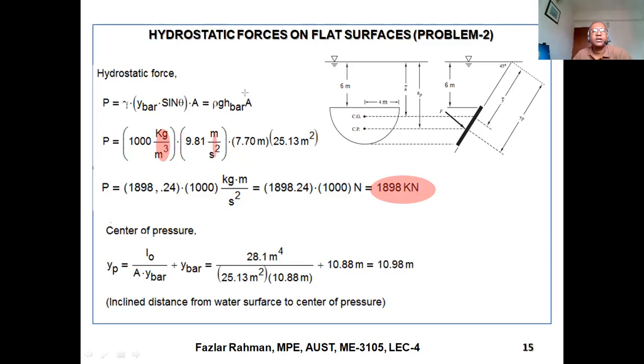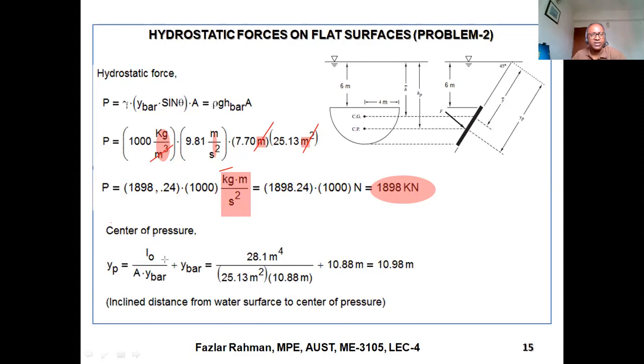Then you can put h bar, which is in meter, area in meter square. Then you see this meter cube, that means it has a meter square, and this meter will be taken out. So you will have only kg meter per second square, which equals Newton. So you get Newton. Then divided by 1000, you get kilonewton.